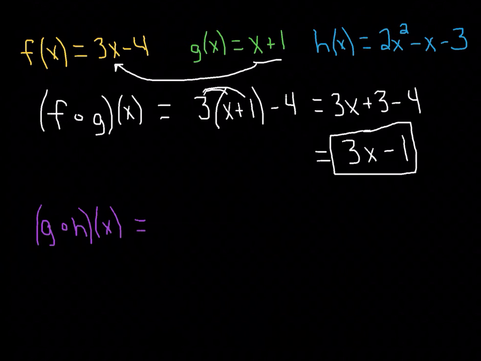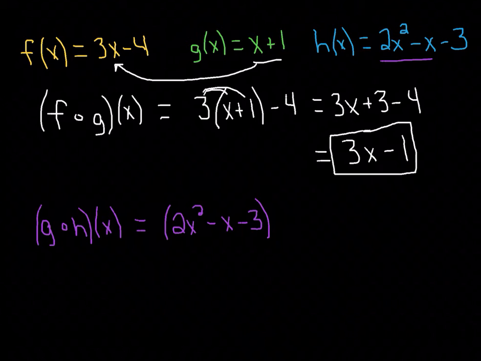Let's take a look at this one, g of h of x. So what I'm going to do here is I'm going to plug in h of x into g of x. So everywhere in g of x, I have an x, I plug in h of x. So I start off with my g of x is x plus 1. But instead of writing x, I'm going to write what h of x is. So I'm going to write 2x squared minus x minus 3.